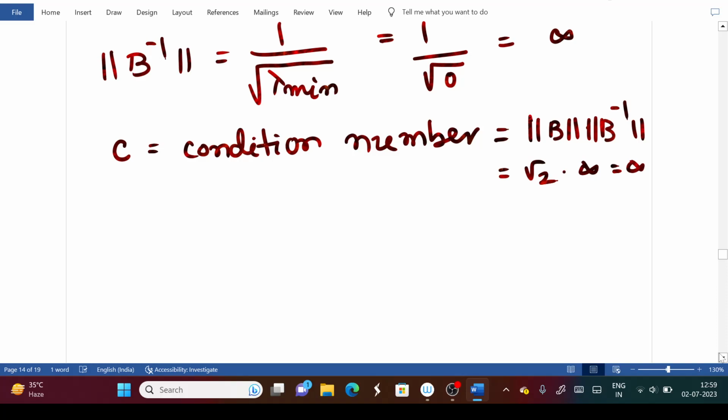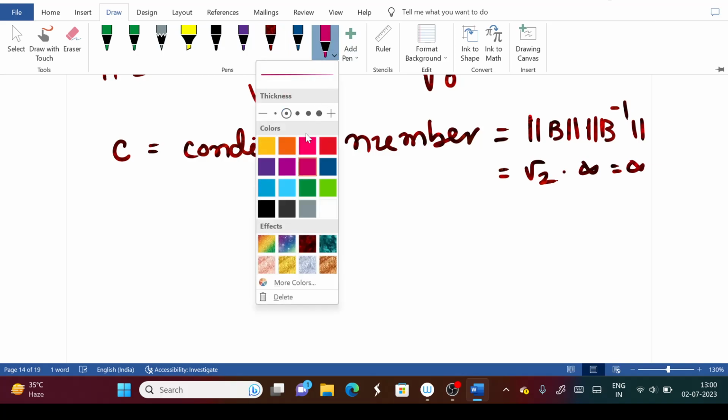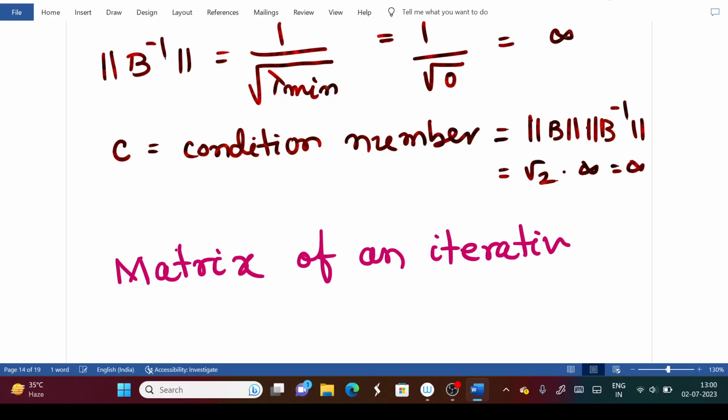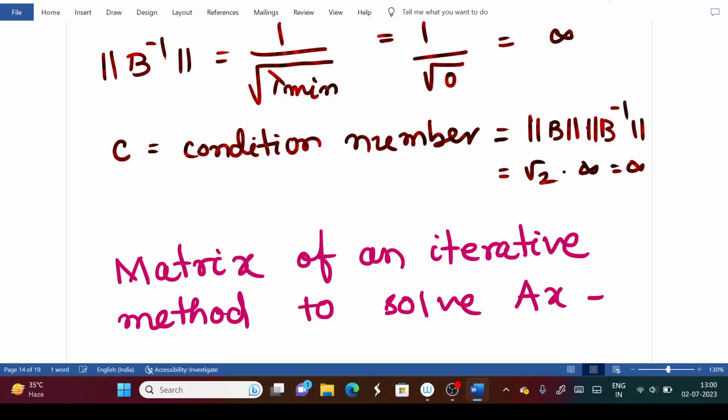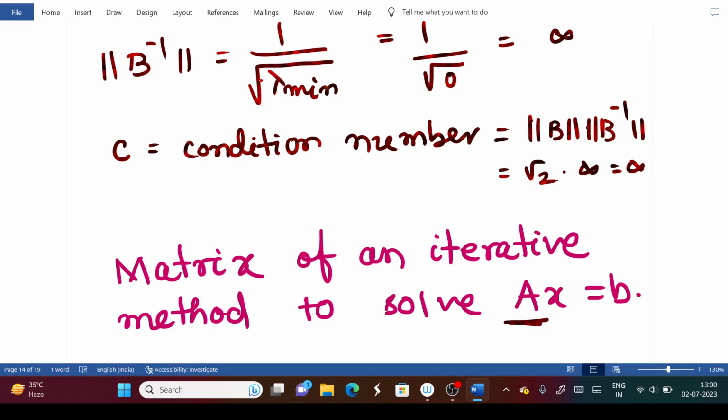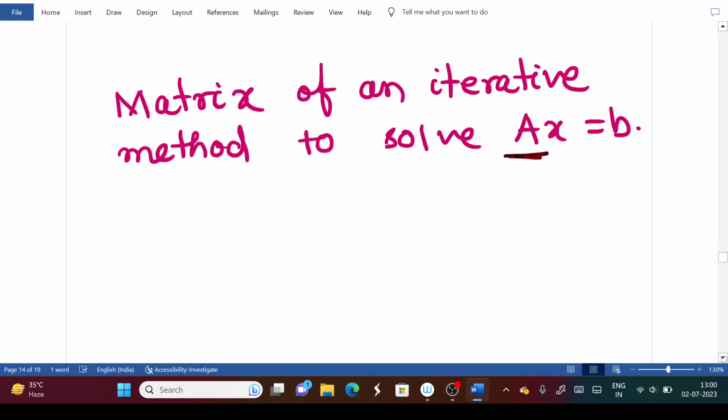Next we will go to a new topic, that is the matrix of an iterative method to solve Ax is equal to B. So here the iterative method depends only on A. To find that matrix, we require only A. From A, we will find out that matrix.